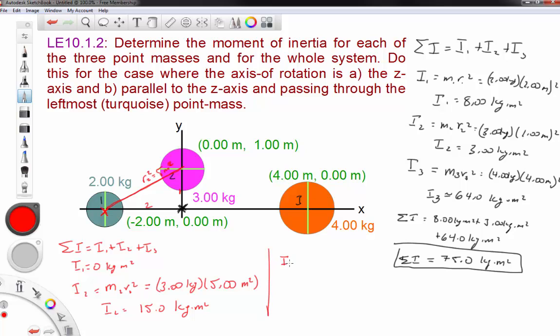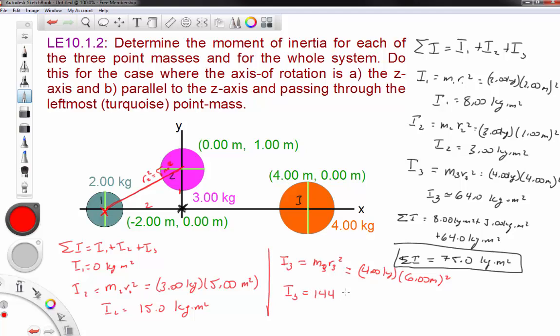Now for I3, we have 2 to get to here, and then another 4, so that's 6. So when we do m3r3 squared, what we really have is 4.00 kilograms times this distance, which is 6.00 meters quantity squared. So 36 times 4, which gives 144 kilogram meters squared. So I3 is 144 kilogram meters squared.